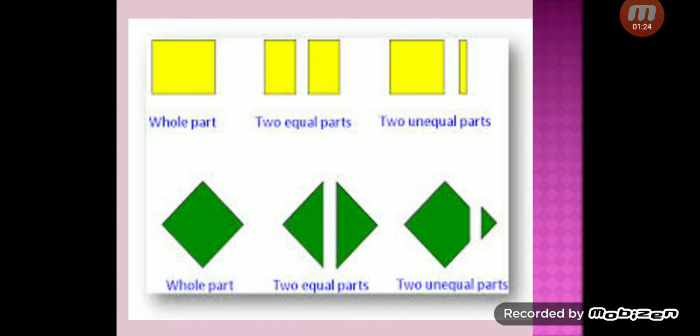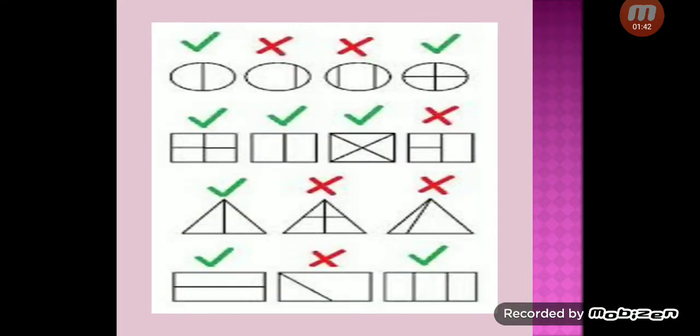So, we can write fractions only for the equal parts when the thing is divided, or we can say when a whole is divided into equal parts, then only we can write these parts as fraction.